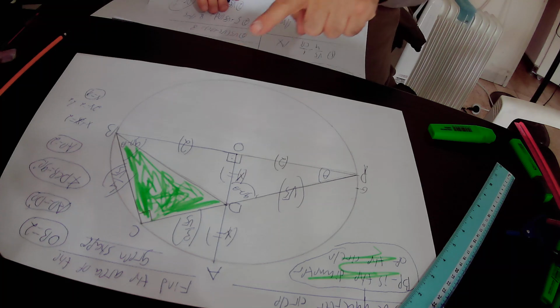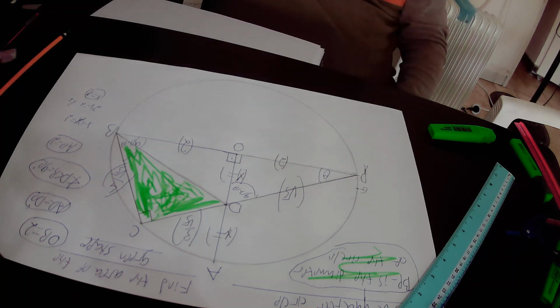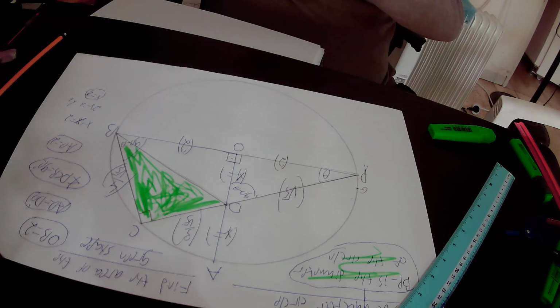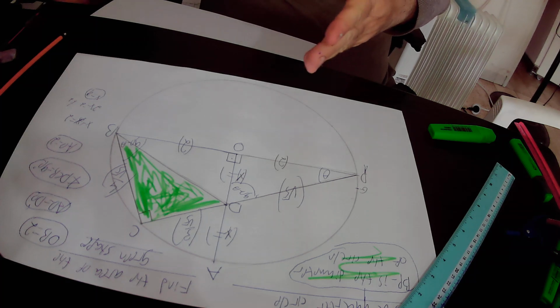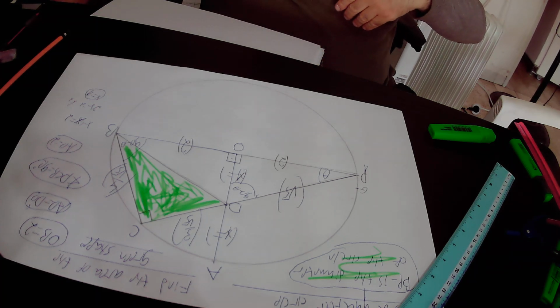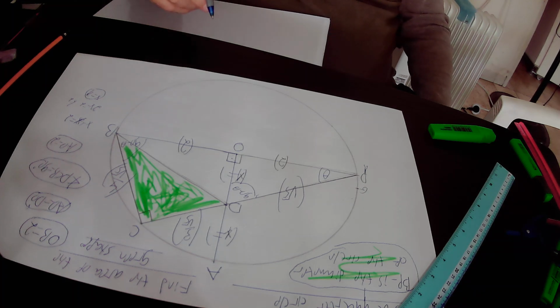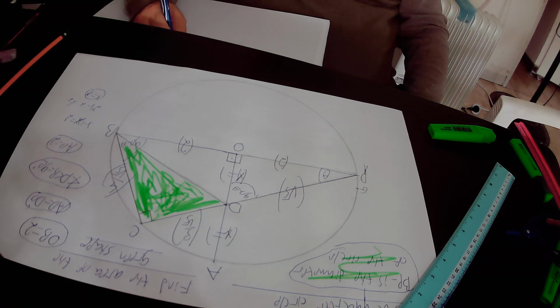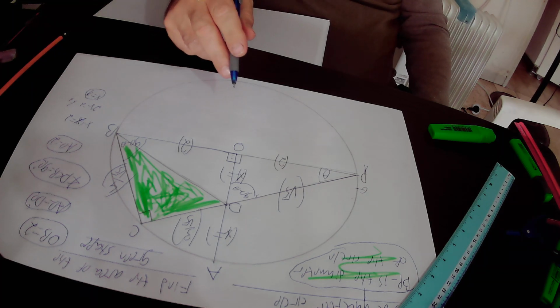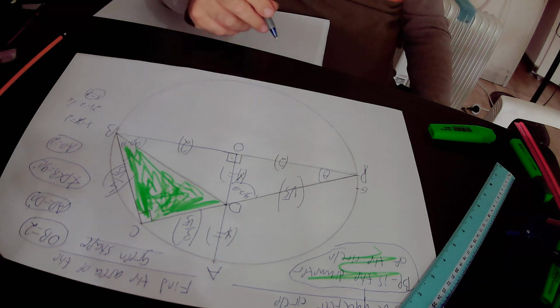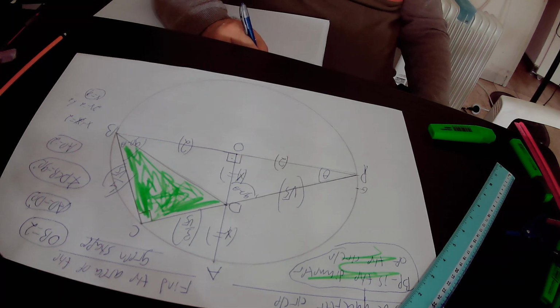Our mission is to find out the area of this green shape. The green shape, actually, is the right triangle DCB. And therefore, we'll find out the area of the green right triangle DCB. Repeat again, the area of the green shape equals the area of the green right triangle DCB. So what is the area of the green right triangle DCB?